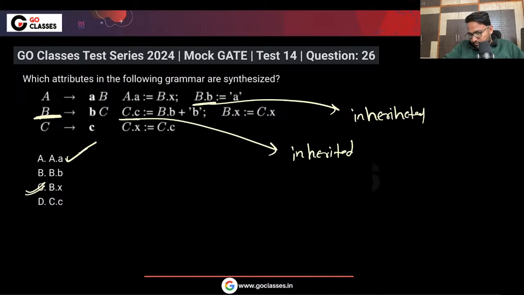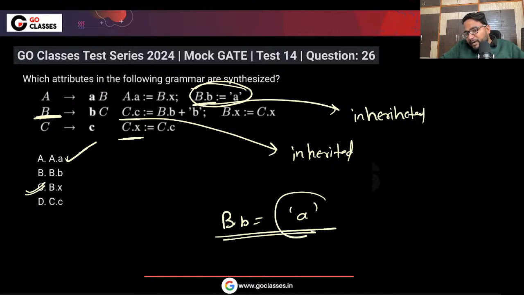Okay, similarly, here this is the synthesized, right? Now this is inherited, not because B.B equal to A. Some people have argued that it is taking the value from the left. No, it is a constant. This B.B equal to A is just a constant.